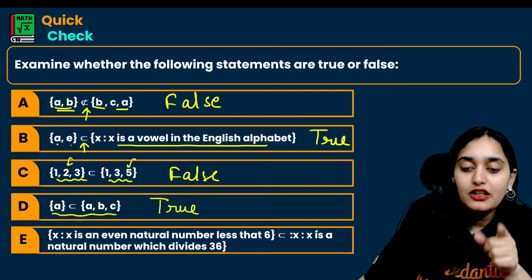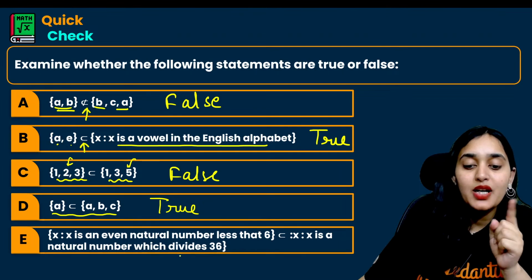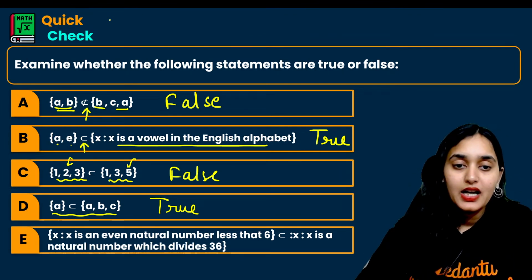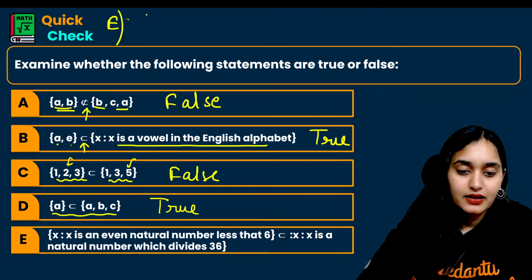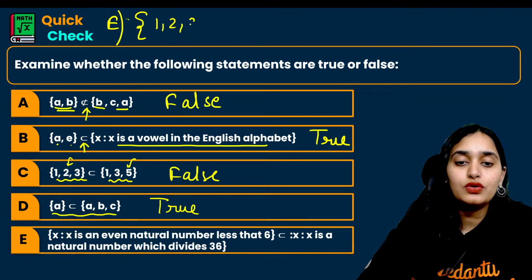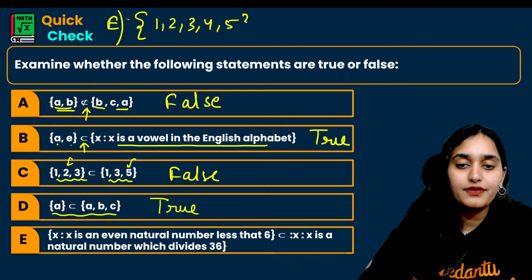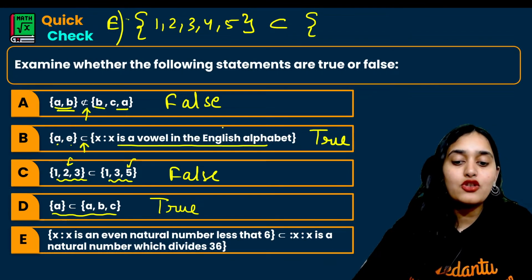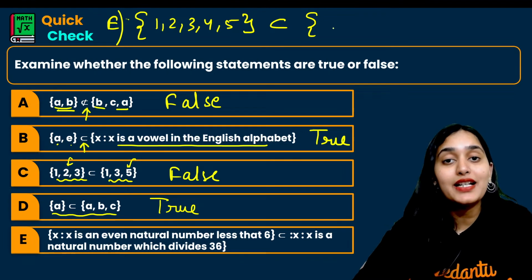Lastly, X is an even natural number less than 6. It is a subset of X is a natural number which divides 36. Now this is interesting. Let me write down here. Statement E is saying that X is a natural number less than 6: 1, 2, 3, 4, 5. It is a subset of X is a natural number which divides 36.